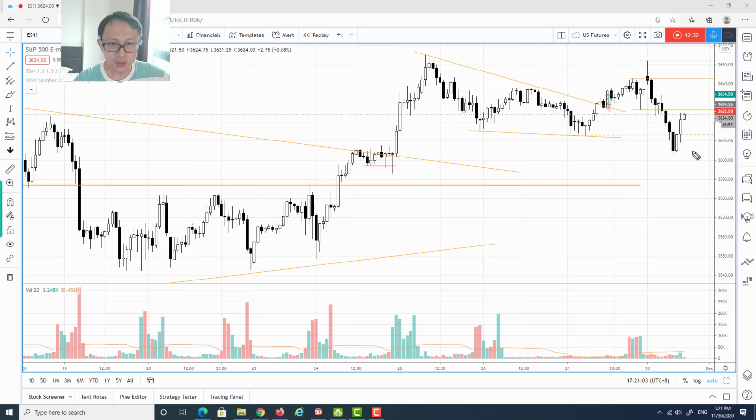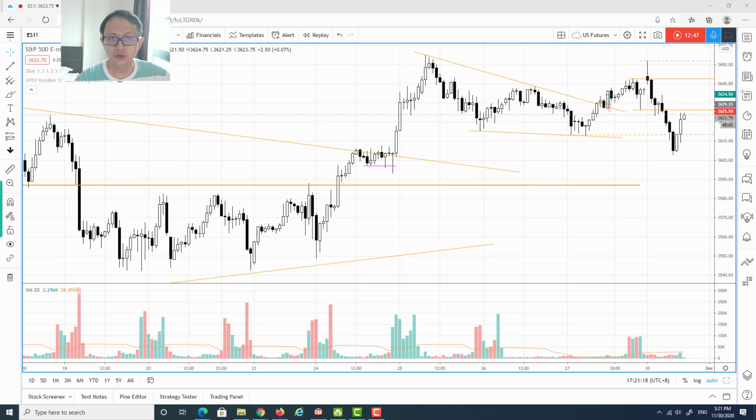So definitely currently we have seen this kind of V rebound, and let's see if we can go up and test the immediate resistance level at 36.40 again.